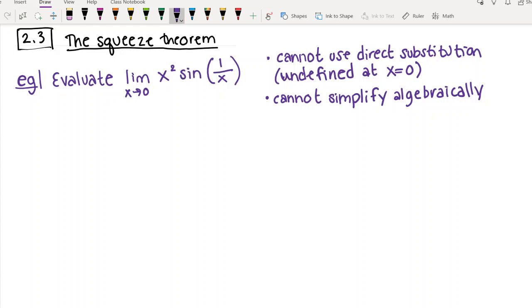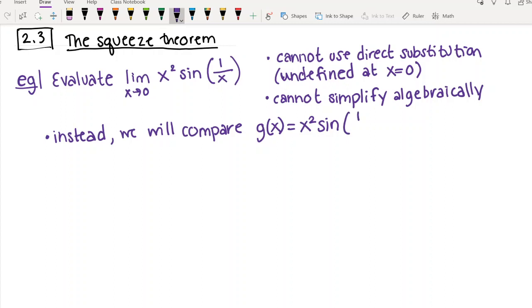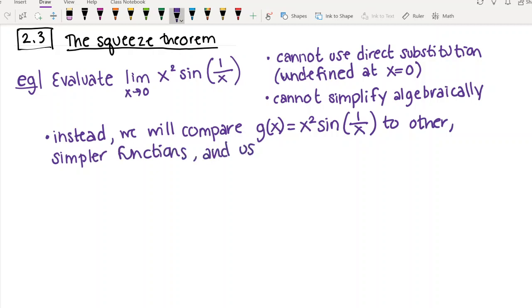So what we're going to do instead, maybe I'll write that over here, is compare this function, let's call it g of x equals x squared times sine of 1 over x, to other simpler functions and use those functions to evaluate the limit.